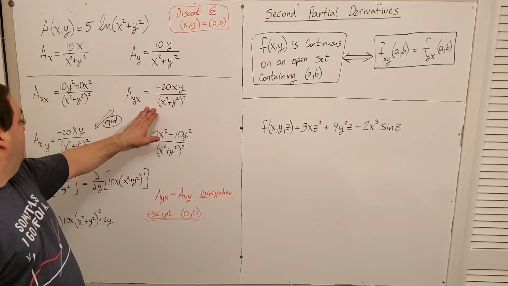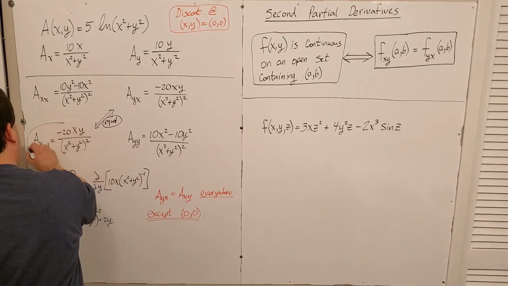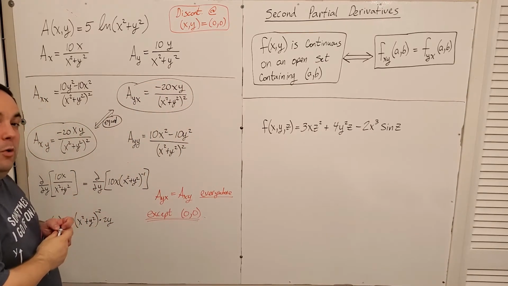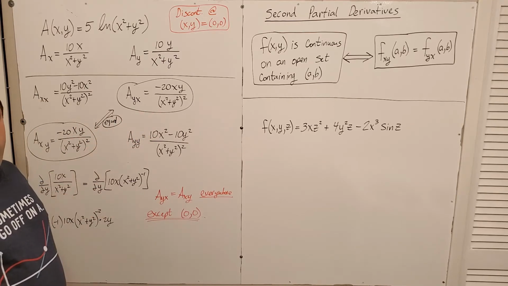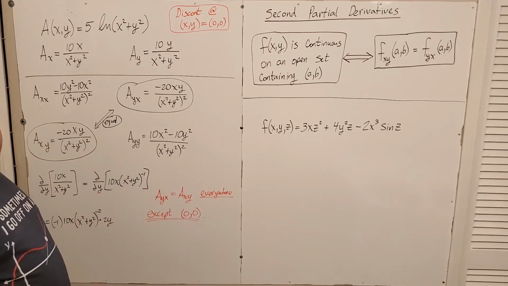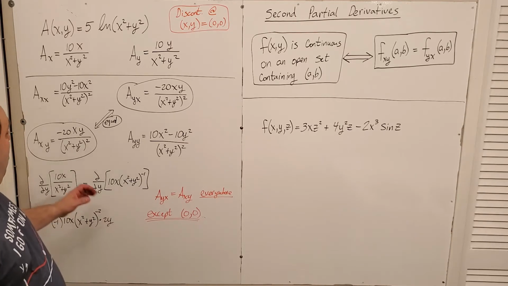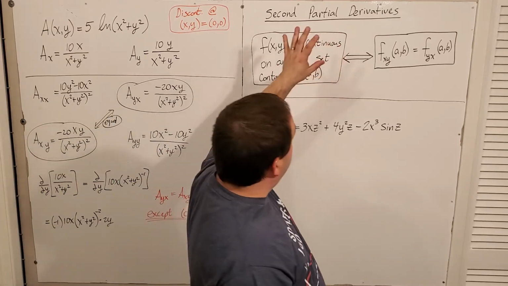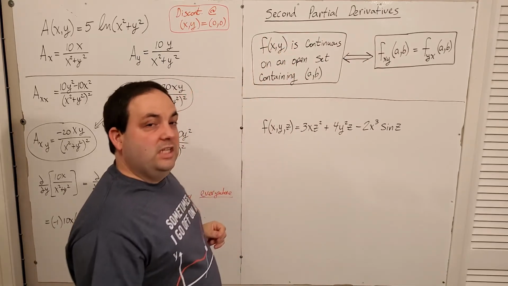And notice your second mixed partial derivatives there. This guy and this guy are completely equal everywhere other than (0, 0). They're both undefined at (0, 0) because all your derivatives are undefined there. The two crossover derivatives are going to be equal whenever the function is continuous.